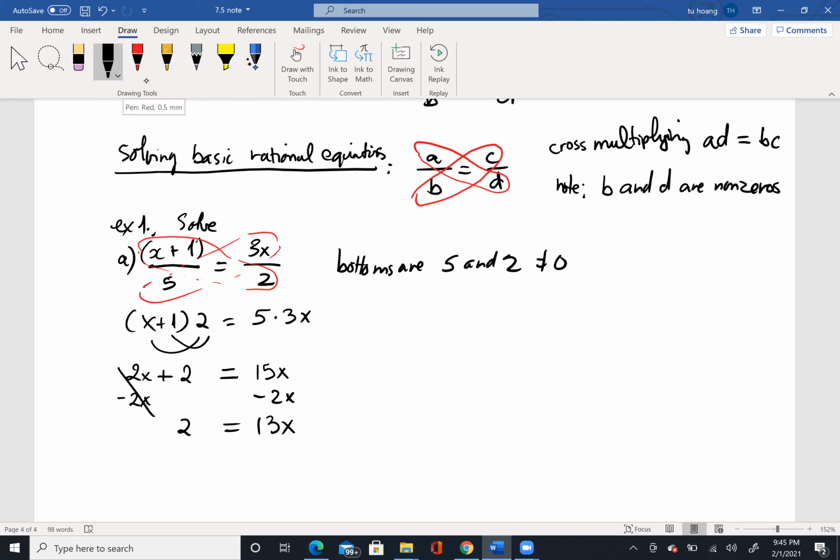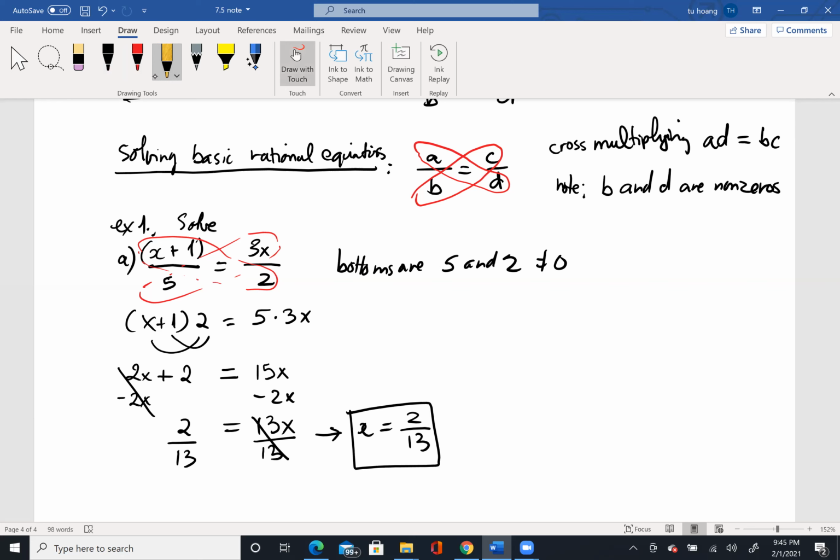So easily you can just divide by 13 on both sides, and the final answer should be x equal to 2 over 13, the solution of this basic rational equation.